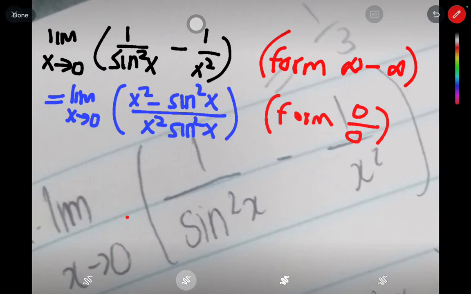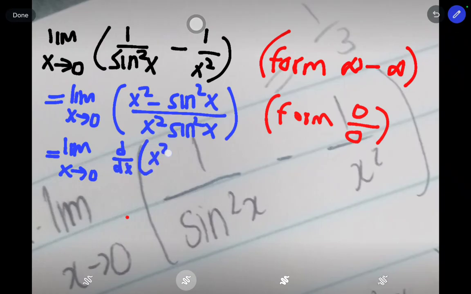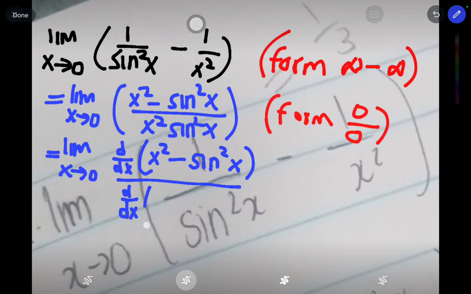So for that, I'm going now to say, before I do anything, when you see that this thing is in a L'Hopital rule form, you must introduce d over dx on the numerator and denominator. You see right now, I introduce d over dx on the numerator and denominator.